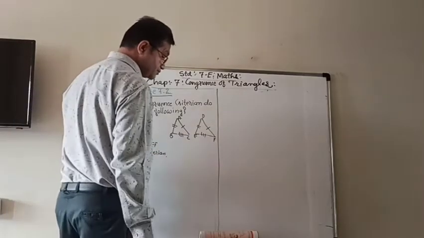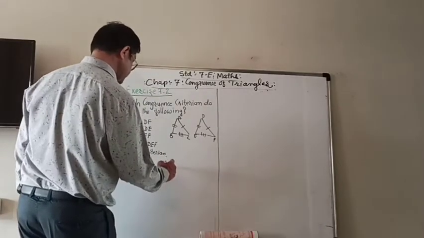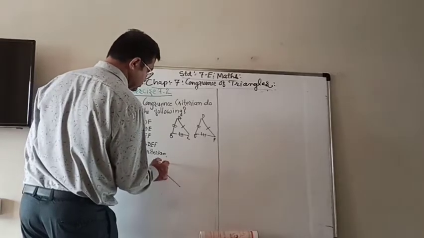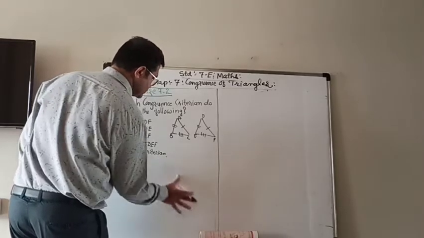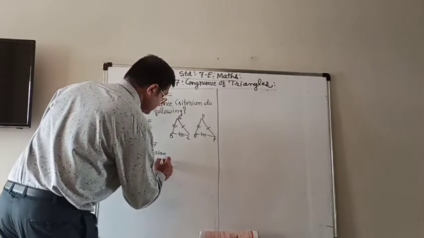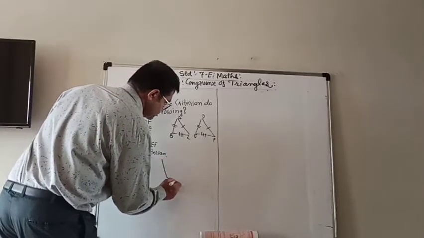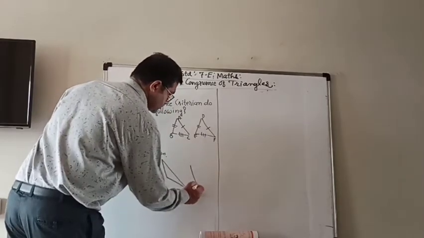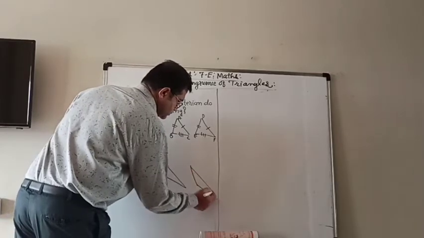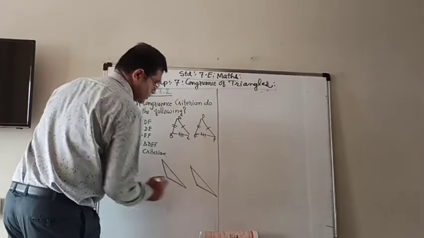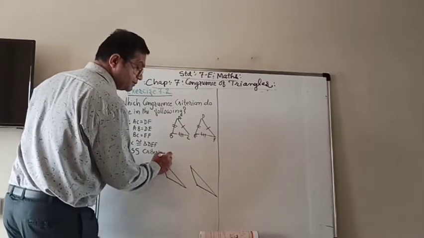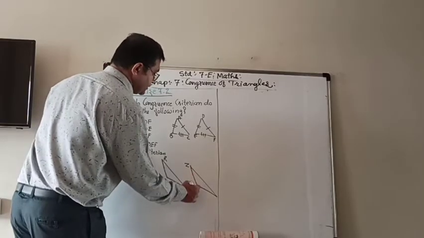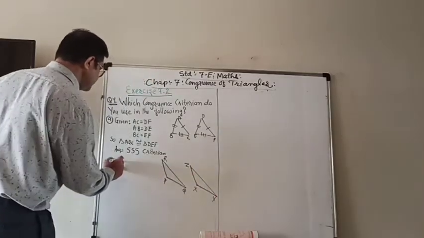Second one, B, in which two obtuse angled triangles are drawn. The names of the triangles are R, P, Q, Z, X, Y. What is given?